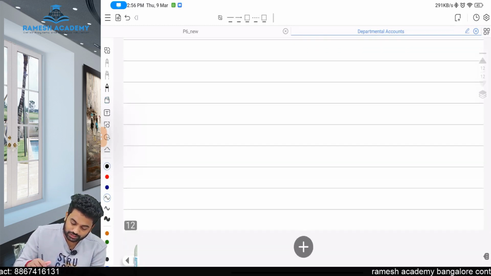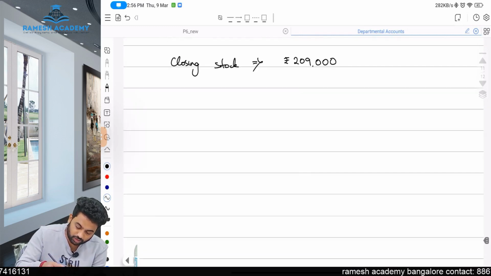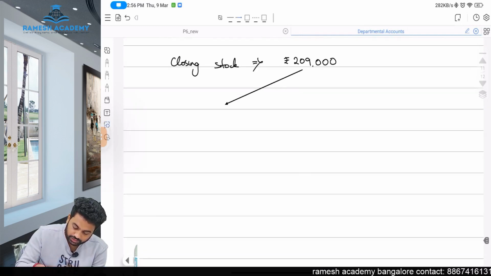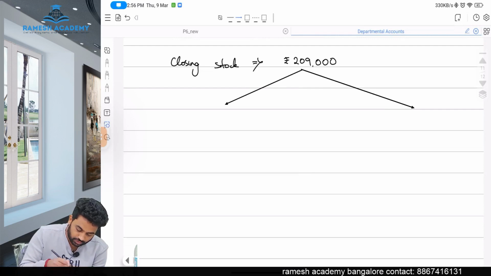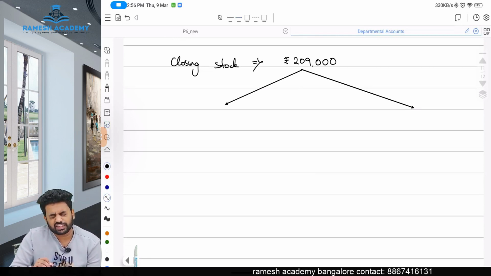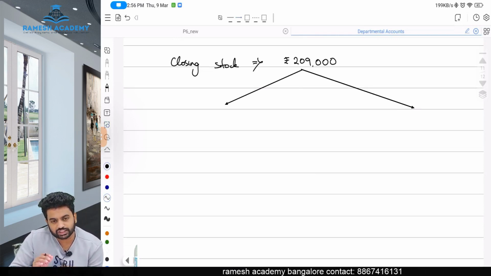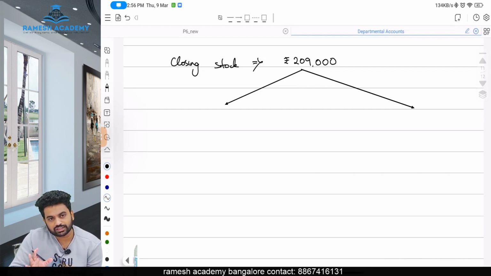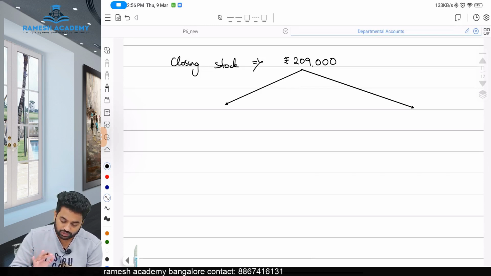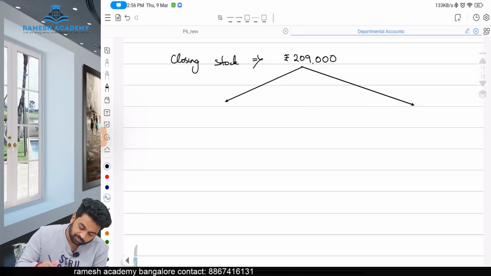So we will ascertain how much is purchased from the market and how much is transferred interdepartmentally. Unrealized profit will be there only to the extent of interdepartmental transfer, because for other things, the complete thing is our cost only.